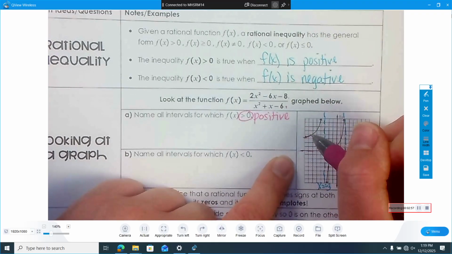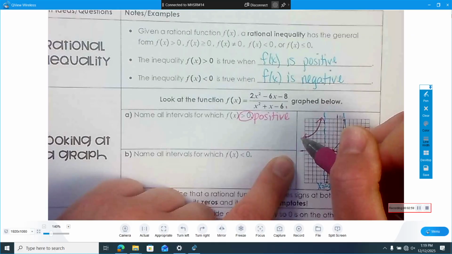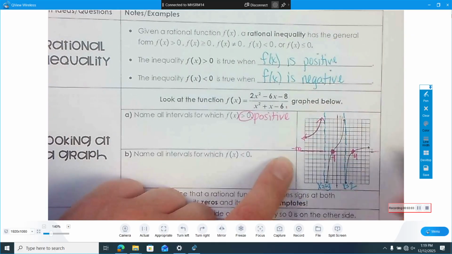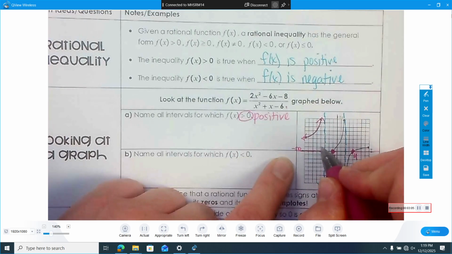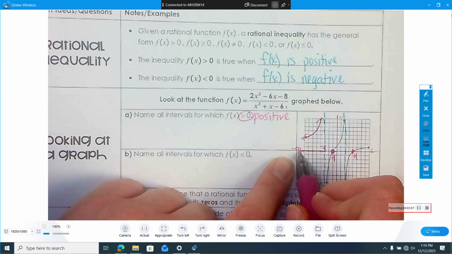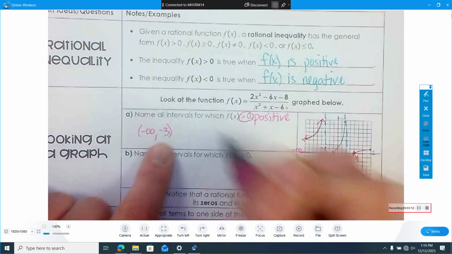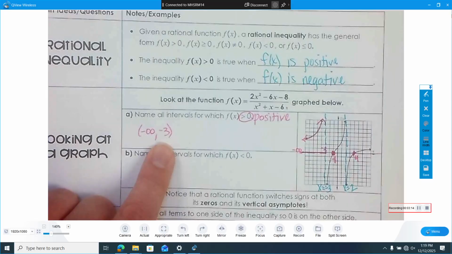Here, right here? Here our function is above the axis. Yeah, negative infinity all the way to negative 3. So from negative infinity to negative 3, our function is above the axis.